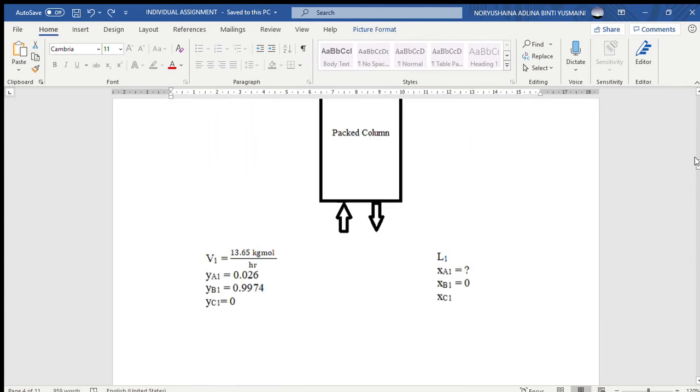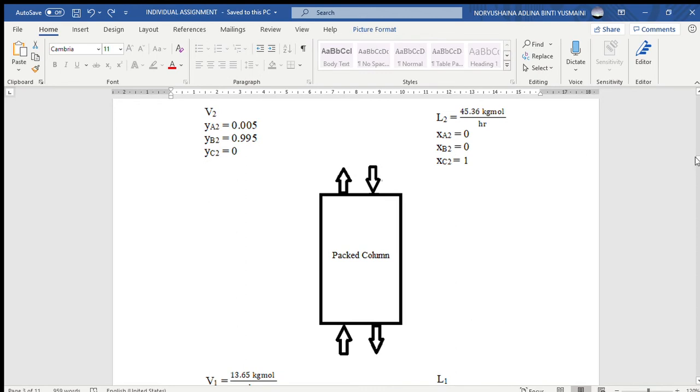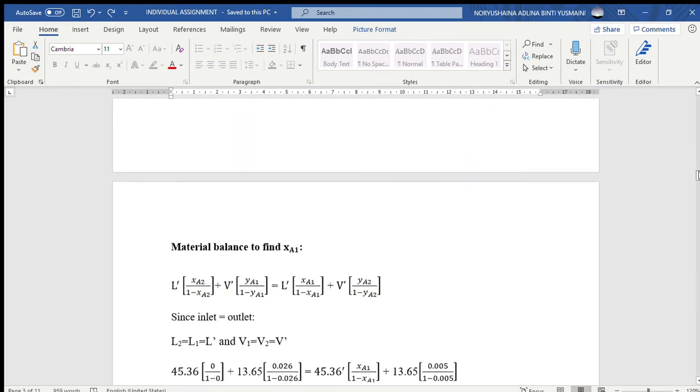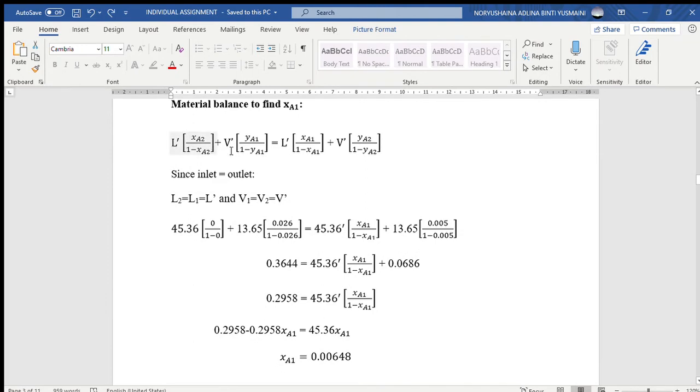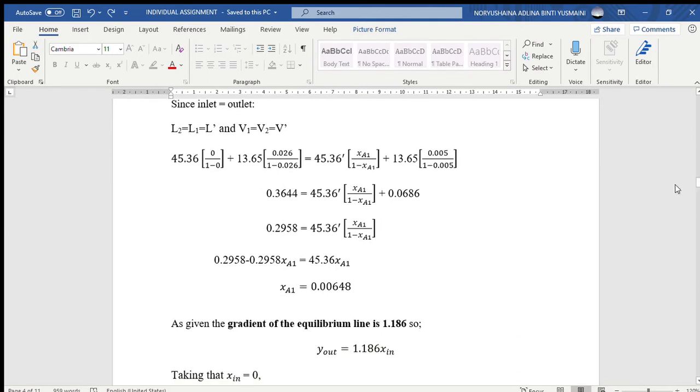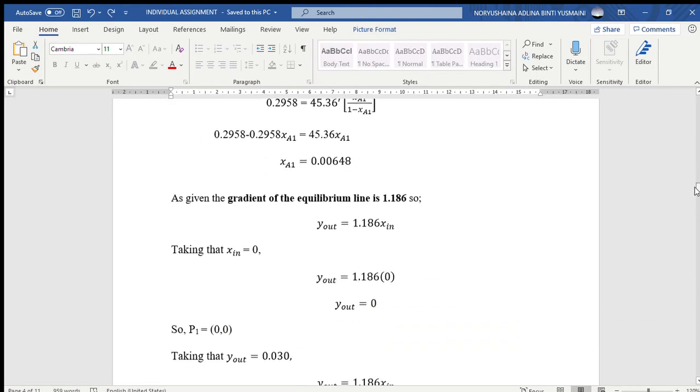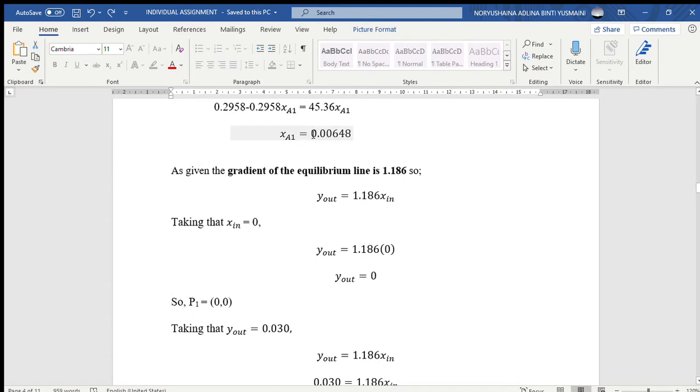As we already had most of the information needed from this diagram, I simply substituted it into this formula, and after calculating, I get the value of XA1 is 0.0084. Sorry, 0.00648.